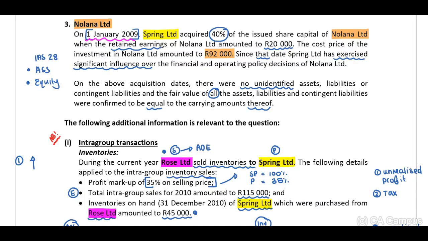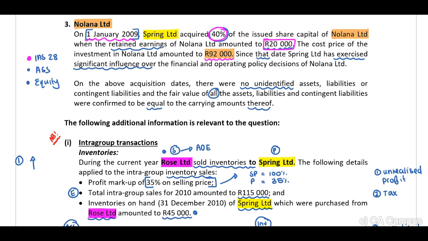They've indicated to us that Spring acquired 40% of the issued share capital of Nolana Limited when the retained earnings of Nolana Limited amounted to 20,000 Rand. The cost price of the investment in Nolana Limited amounted to 92,000 Rand. Since that date, Spring Limited has exercised significant influence, and we have identified that this is an associate.